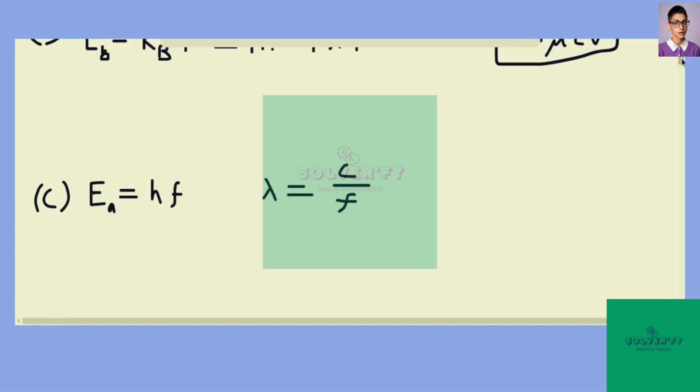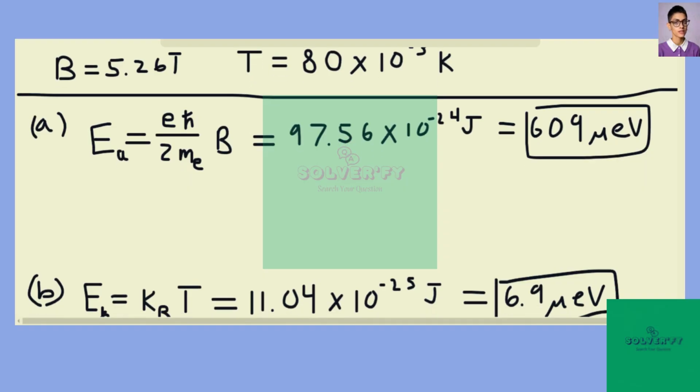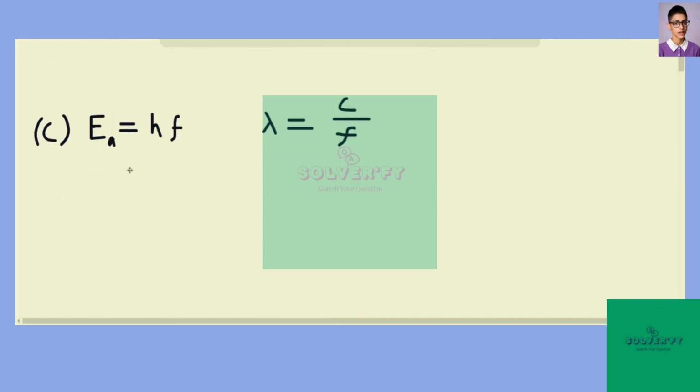Since Planck's constant has units of joule seconds, we want to use the joules version of E sub A, so the 97.56 times 10 to the minus 24 joules. Plugging that in, we find that the frequency is equal to E sub A over h, which comes out to equal 147 hertz.